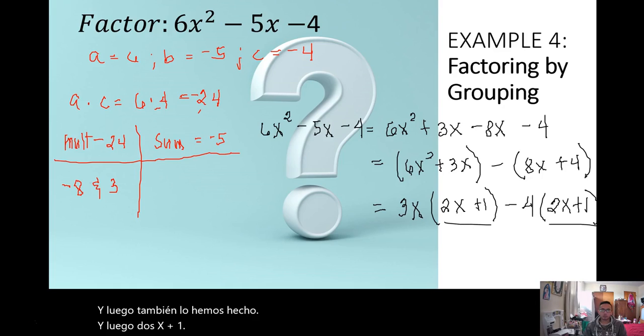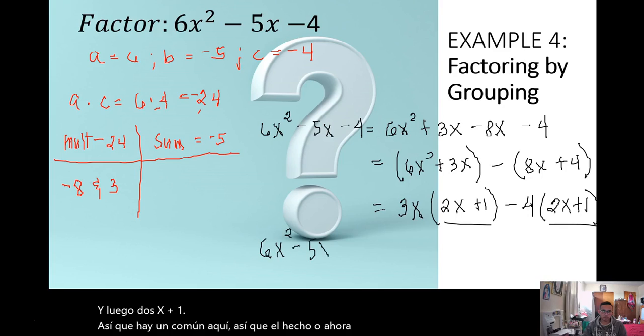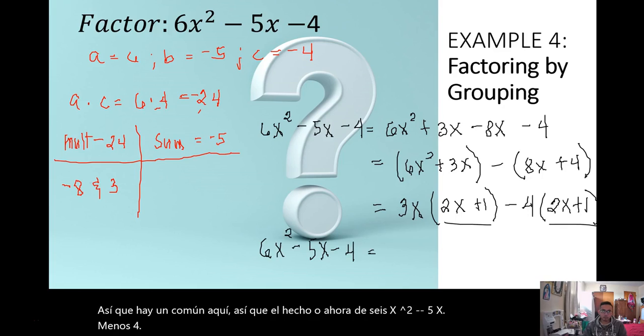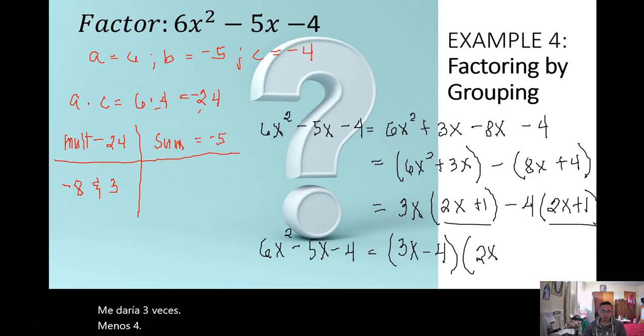So you see there's a common factor here. So the factor now of 6x squared minus 5x minus 4 would give me 3x minus 4 times 2x plus 1. So this is now the factored form.